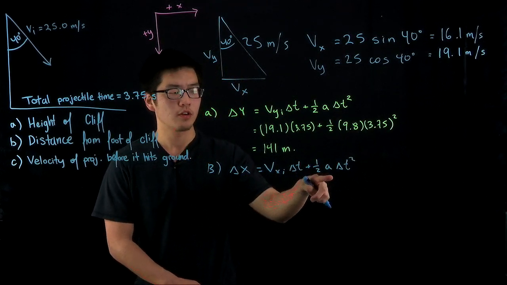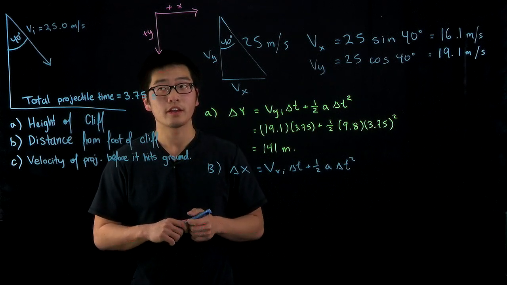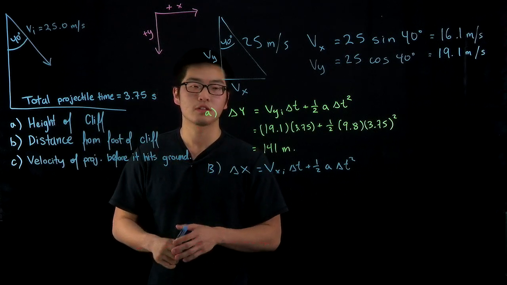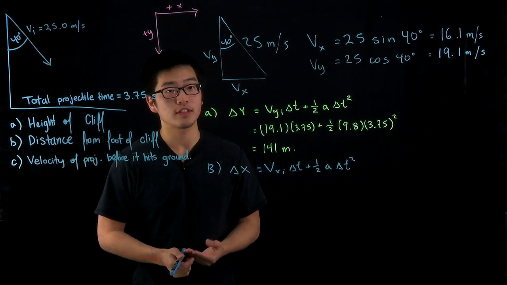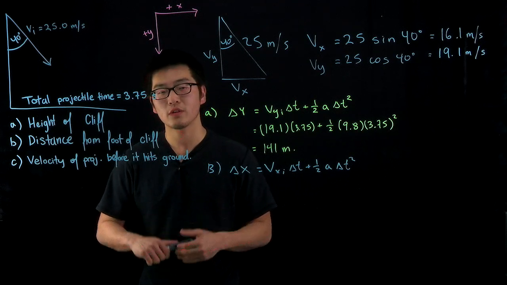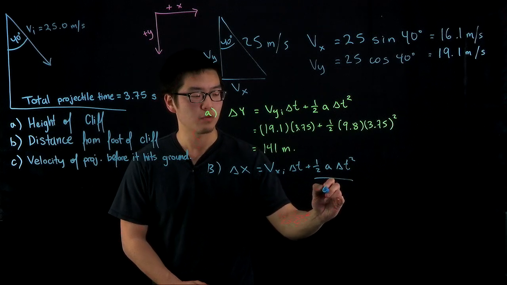However, in this case, we have to think about what the acceleration in the x direction is. And that has us think about what forces are acting on the projectile. Since this is a free falling object, the only force acting upon this object is gravity. And gravity only works downwards. Therefore, the acceleration in the x direction, a, will be equal to 0.